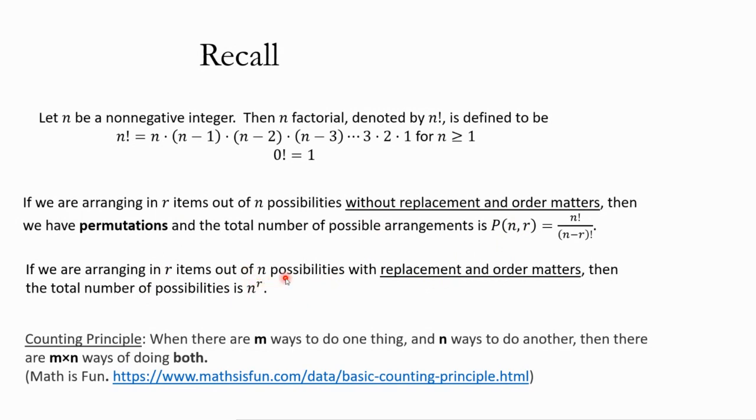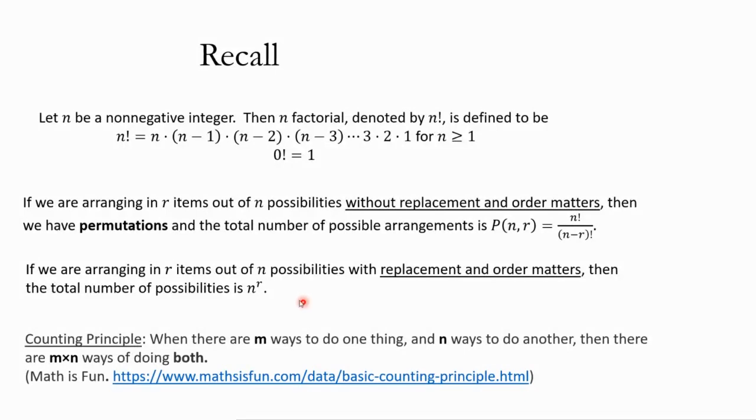I don't know if this is called anything special. Here, these were permutations. I don't think these are called anything special, but again, with replacement, so repetitions allowed, and the order does matter, the total number of possibilities is n to the r.